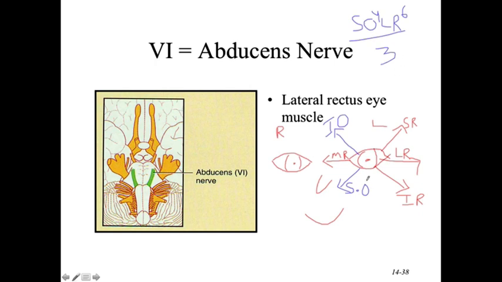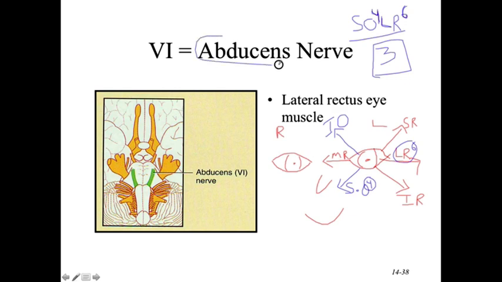This means that the superior oblique muscle is controlled by the 4th cranial nerve, that the lateral rectus is controlled by the 6th cranial nerve, and all over 3 means all the other eye muscles are controlled by cranial nerve 3, the oculomotor. So the superior oblique is controlled by the trochlear nerve. The lateral rectus is controlled by cranial nerve 6, which is the abducens nerve.